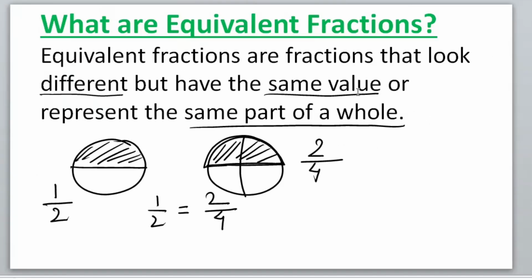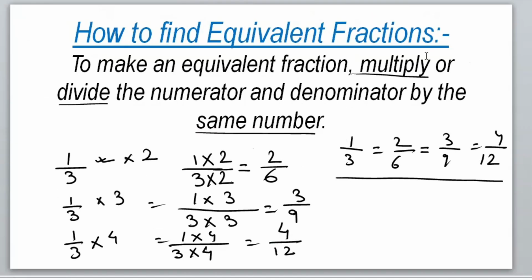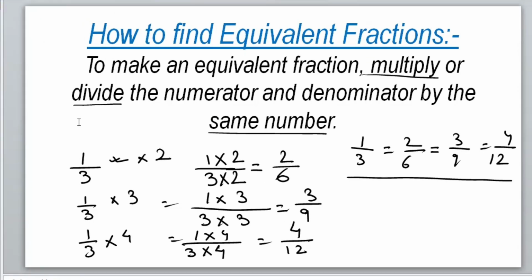What are equivalent fractions? Equivalent fractions are fractions that look different but have the same value or represent the same part of a whole. And how do we find the equivalent fraction? Either by using multiplication or division. We can find the equivalent fraction by using multiplication or division. And we always remember we have to multiply or divide the numerator and denominator both with the same number.